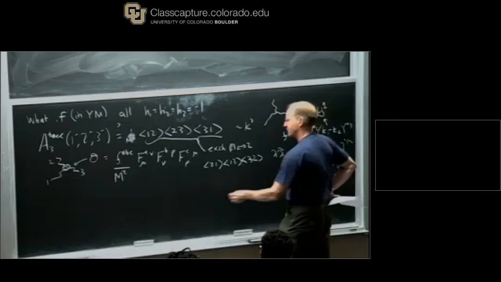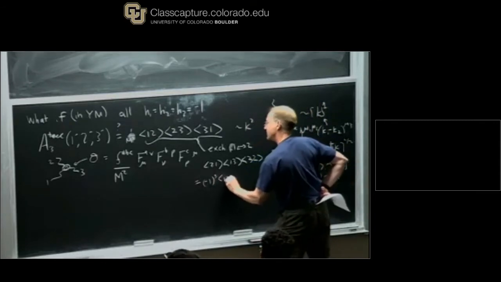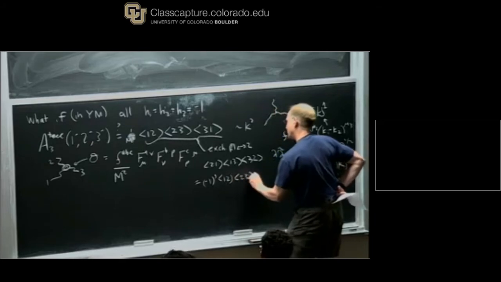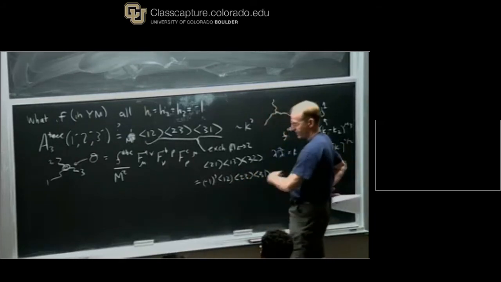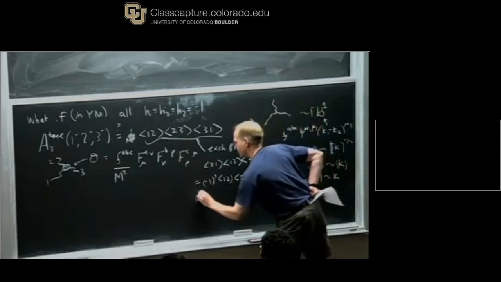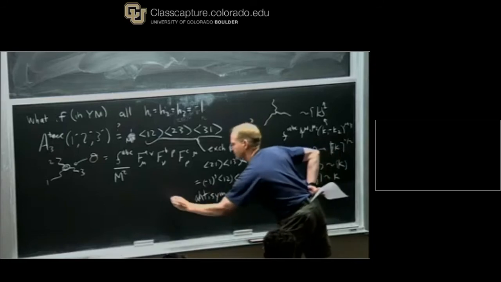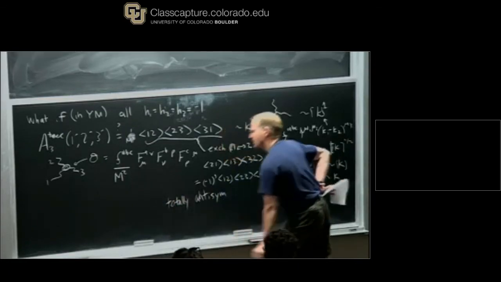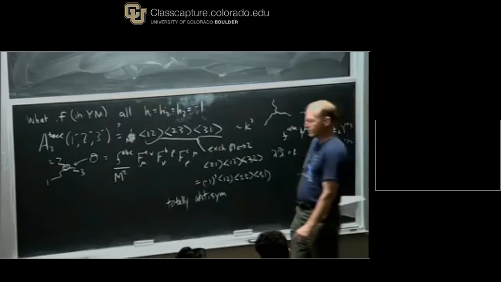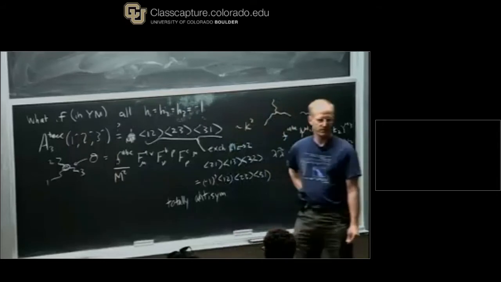But now I use the antisymmetry of the spinor products to rewrite it as 1,2, 2,3, 3,1, at the price of 3 minus signs. So I pick up a minus sign. So this kinematic structure is totally antisymmetric. And therefore, it's compatible with being multiplied by the totally antisymmetric color factor.